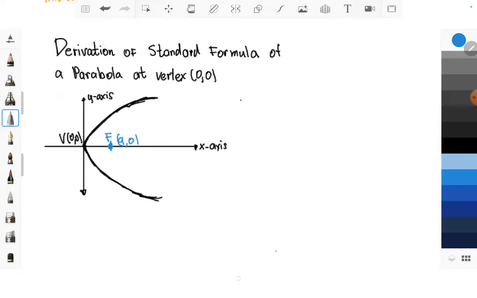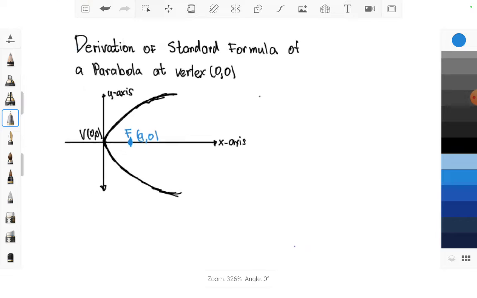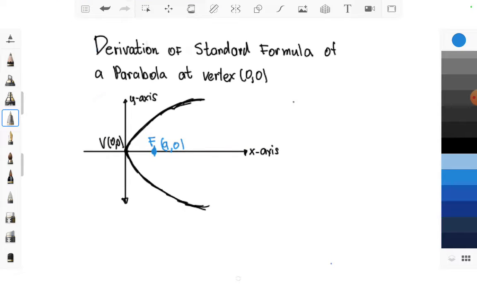And from the definition of parabola, we have a fixed point and a fixed line which are equally distant. So I will have my fixed line, which I call my directrix.